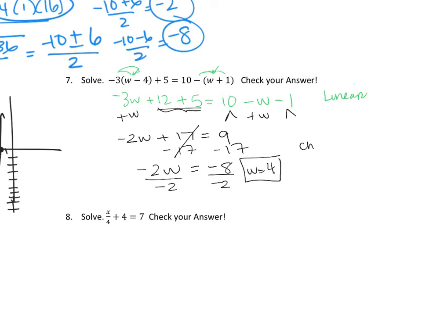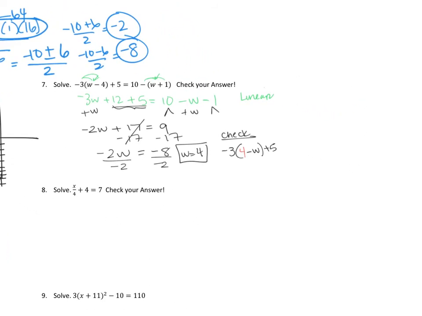Now to check your answer, remember, you just plug it into the original equation. So I'm going to have negative 3 times plugging in the 4 minus w plus 5. We now hope it's equal to, we're not sure, so I'll put a little question mark, 10 minus, putting the 4 in there in place of the w, plus 1. And so this is going to be, oops, I wrote the wrong thing in here.